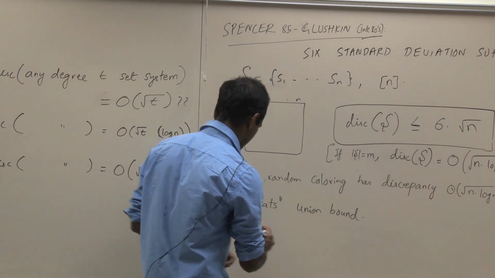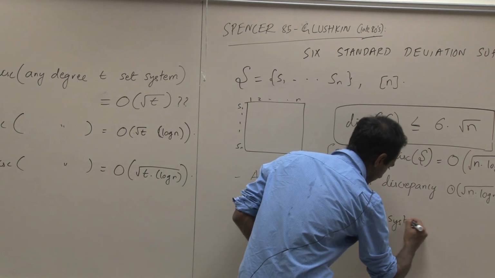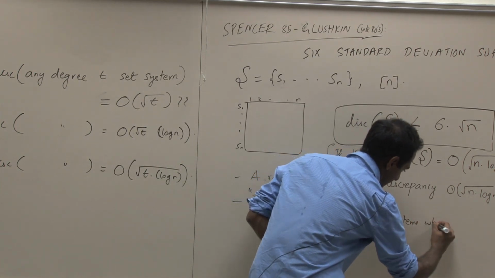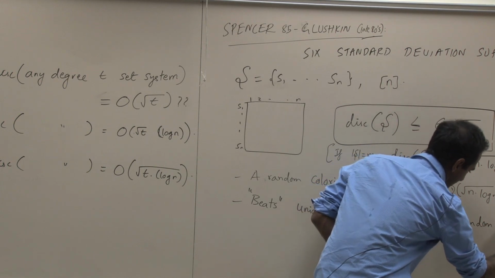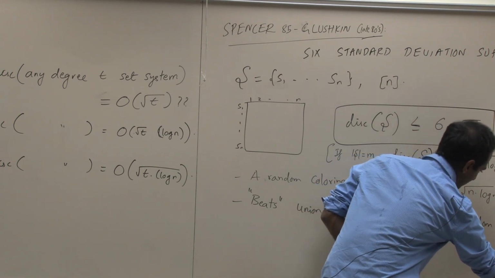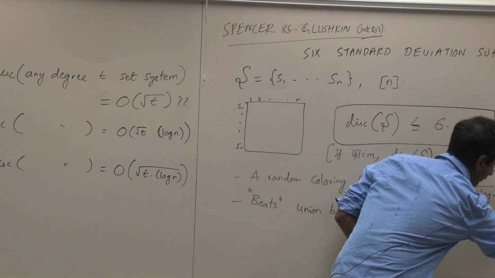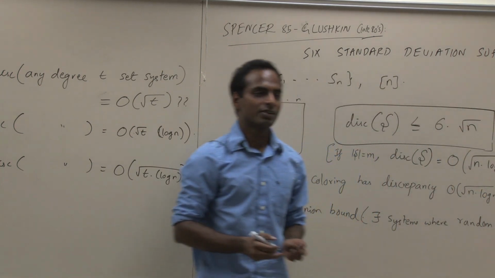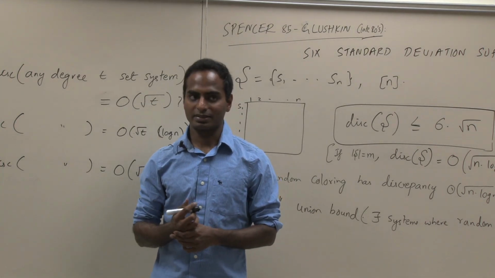Okay? So there exist systems where random has discrepancy theta of square root n log n. So we need a completely different proof technique besides random.